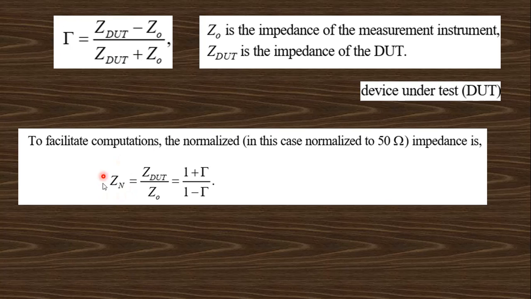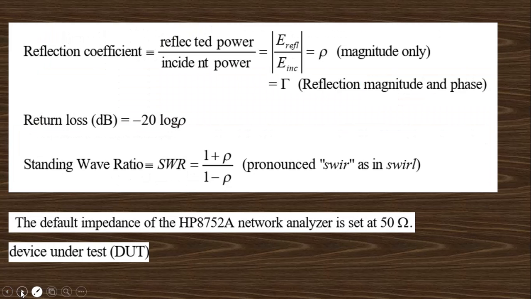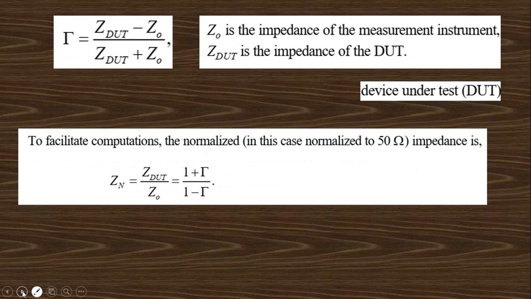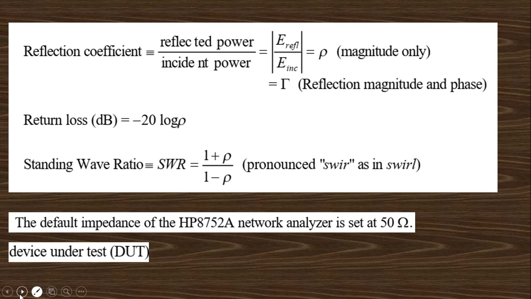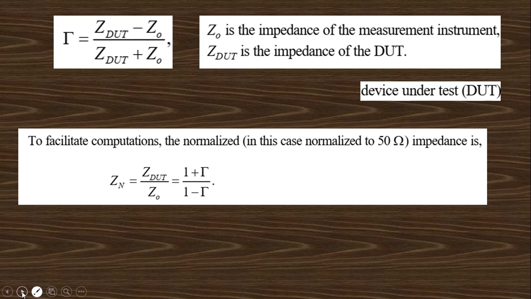The normalized impedance is z by z0. This is the reflection coefficient in terms of the normalized impedance. So this total mathematical expression can be found using this instrument, the impedance analyzer, or you can say network analyzer.